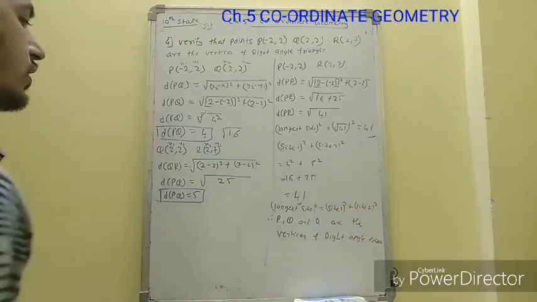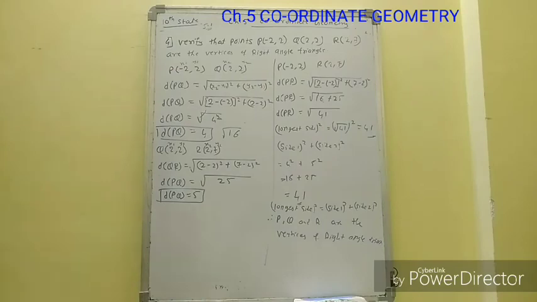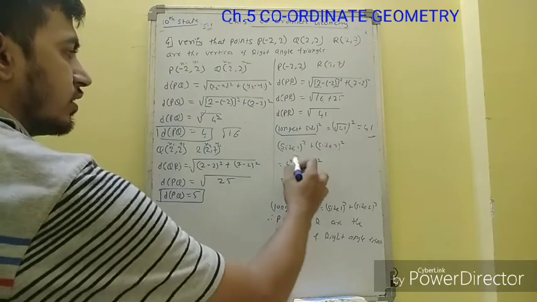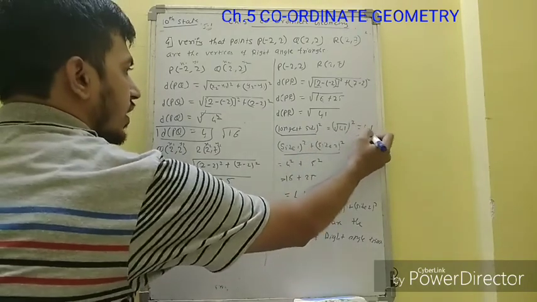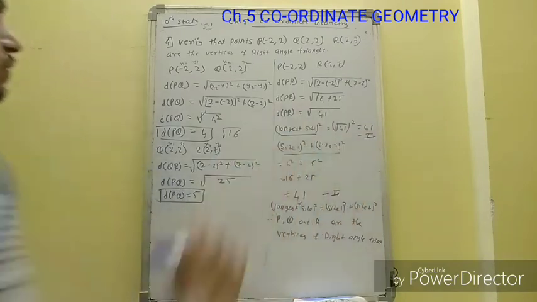Okay, I don't have space over here, you just write it properly. P, Q and R are the vertices of a right angled triangle, because longest side squared is equal to side 1 squared plus side 2 squared. Okay, you can see it, this is from 1 and this is from 2.